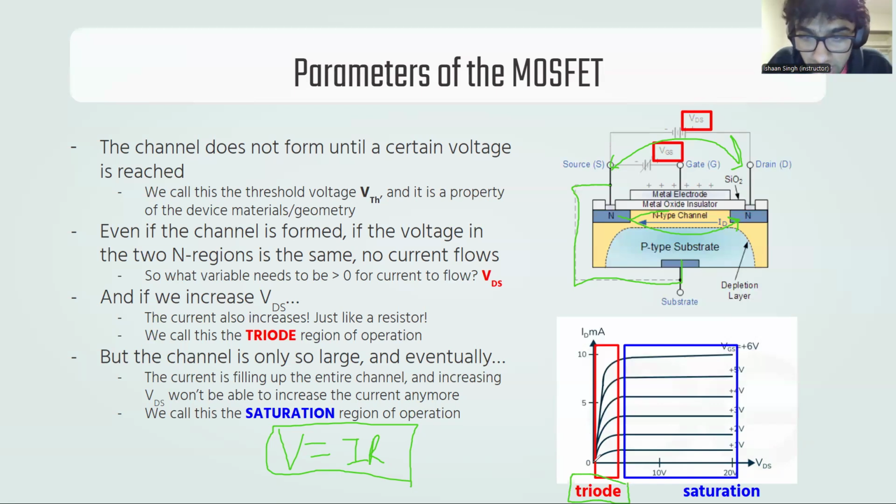You can see clearly this is not a linear relationship. It's obviously nonlinear, but current changes when we change voltage. That's why it's similar to a resistor. When we get to saturation, current is no longer changing with respect to voltage, so it's no longer like a resistor. It's at the maximum value.